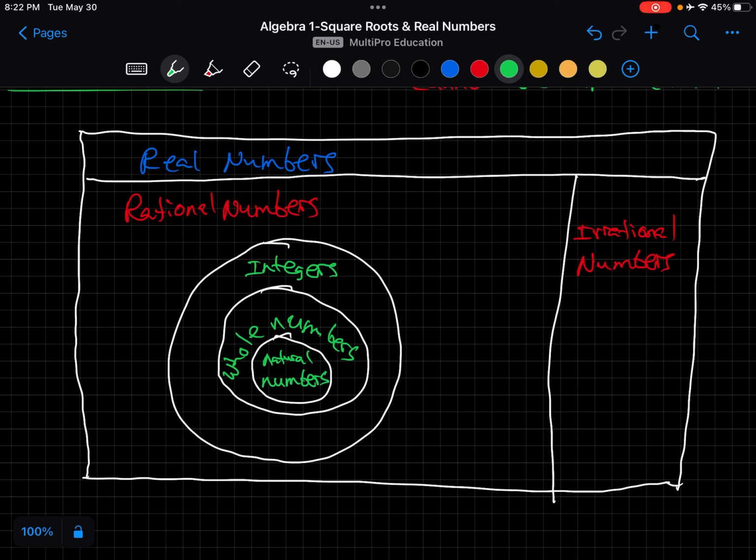Okay? So natural numbers are whole numbers, whole numbers are integers, and integers are rational numbers, which are real numbers. Irrational numbers are real numbers. So it's a nice little diagram to see what we're talking about.